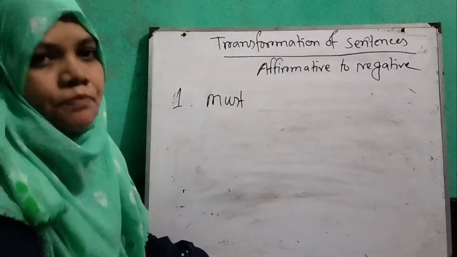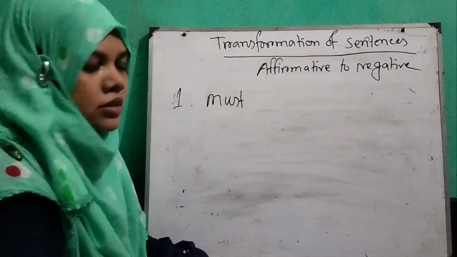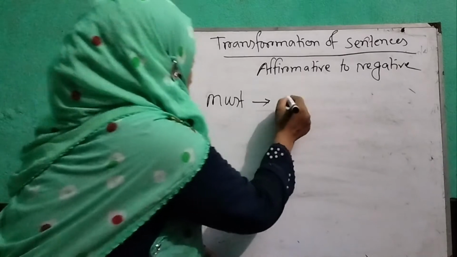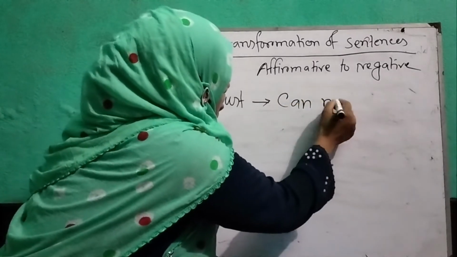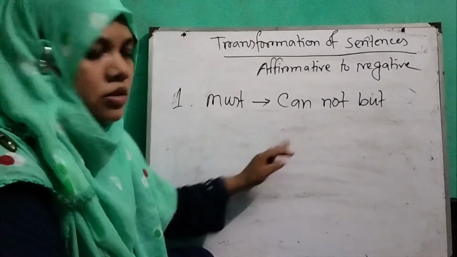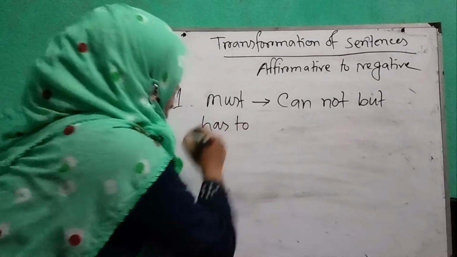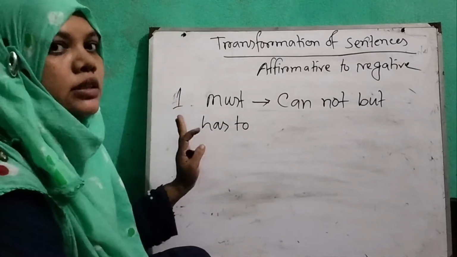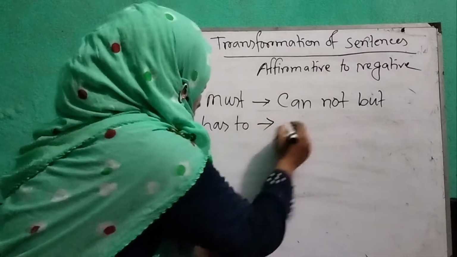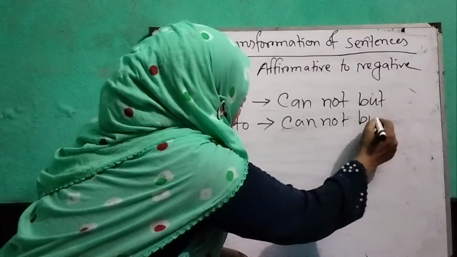Must. If there is must in an affirmative sentence, it will be transformed into cannot but. And if there is has to, it will be transformed into cannot but.